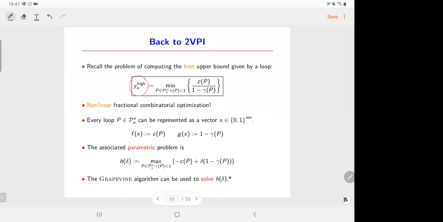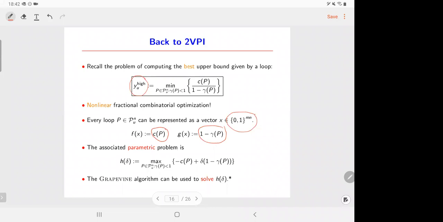This is actually a nonlinear fractional combinatorial optimization problem in disguise, because every loop can be represented as a 0, 1 vector, and then the numerator is just the cost of the loop, and the denominator is just 1 minus the gain factor of the loop. So it is not a linear problem, but still it falls under this framework.